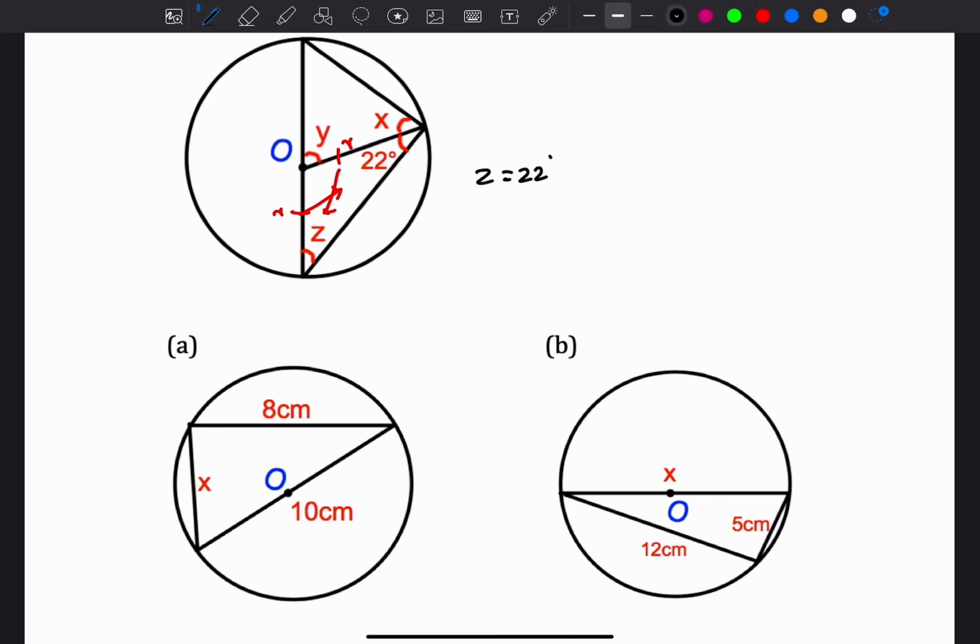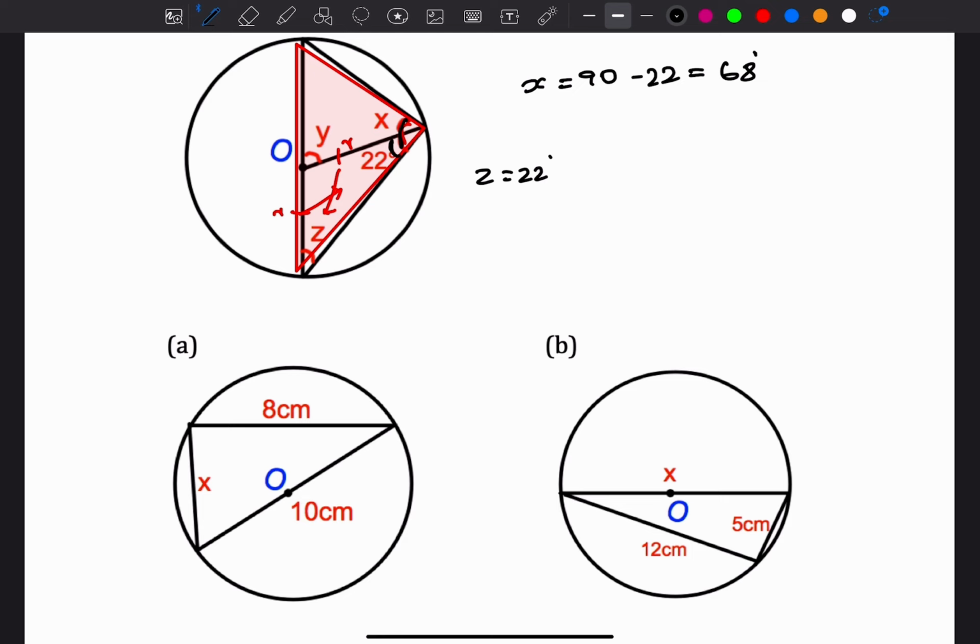And can you see this full triangle? This is inside the diameter, isn't it? The angle in a semicircle, so this angle over here is 90. So what is x then? Just 90 take away this 22 here, which makes 68.